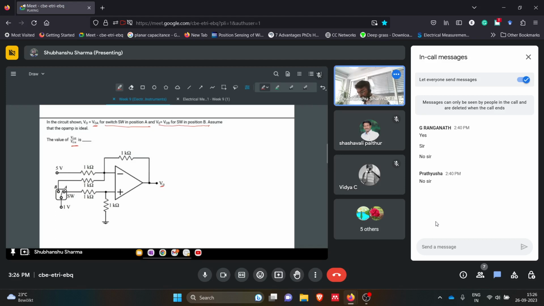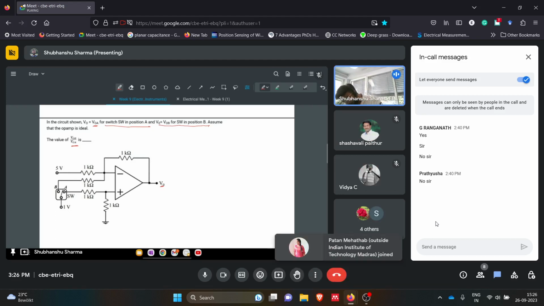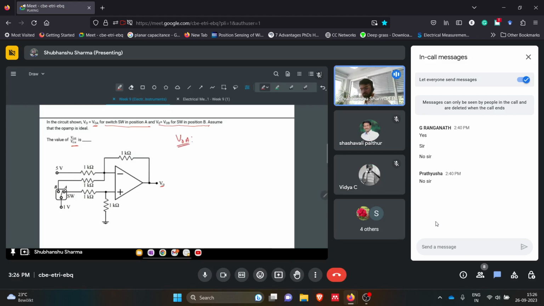Okay, so let's see. In this case we have VOA. Let's talk about VOA first. When the switch is in A position, I'll draw the configuration. It is like this: VOA, 1K, 1K, this is 5 volts, and we have this one.